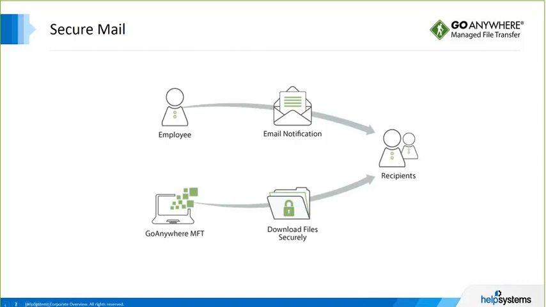So that email notification can have a password. So they'll get the link and the password, and when they select the link, they're going to download that file directly from GoAnywhere MFT securely over an HTTPS connection, and the file is going to be unencrypted and then sent to the recipient for them to view.